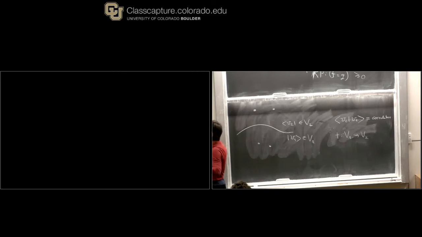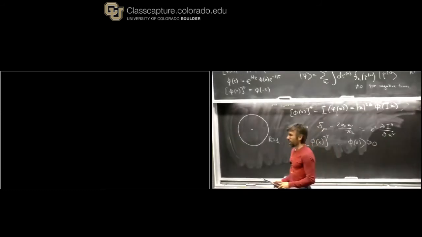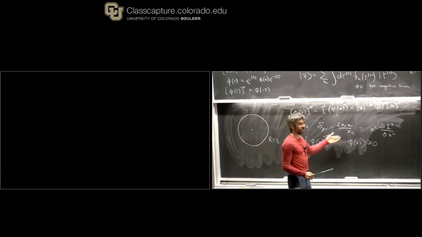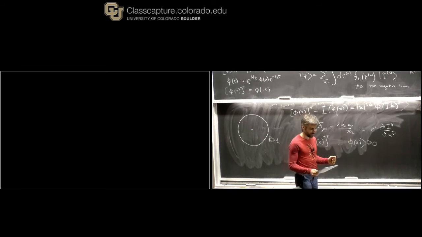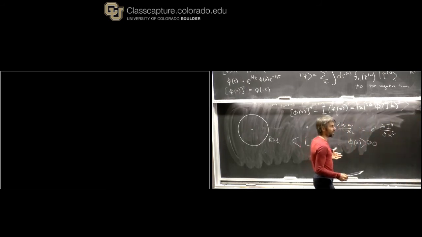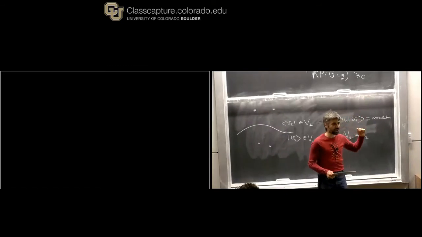Now I happily discover that my Poincare invariant theory is actually also a conformal theory. So I can use conformal symmetry, I can use radial quantization, and I would also like to use this radial reflection positivity using the inversion. Clearly I would like to know if this property of radial reflection positivity is a new assumption, or is it somehow a consequence of the Poincare reflection positivity that I had?